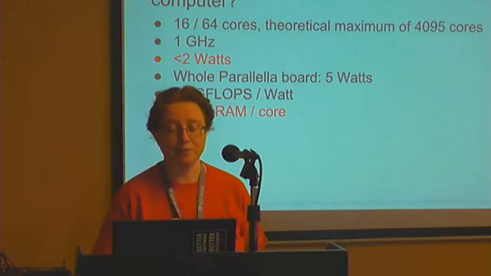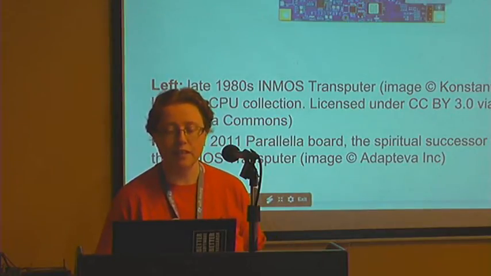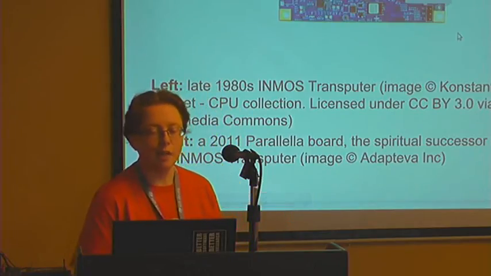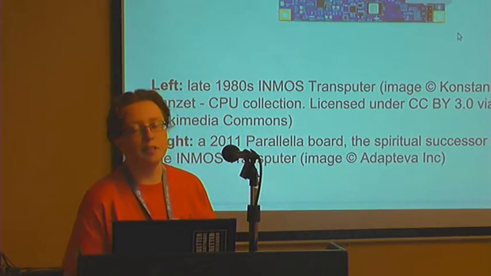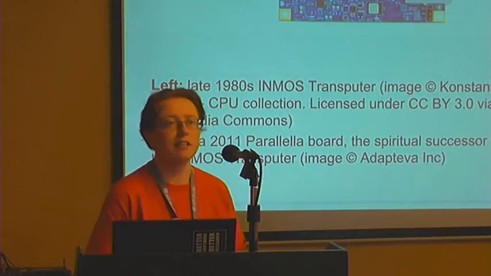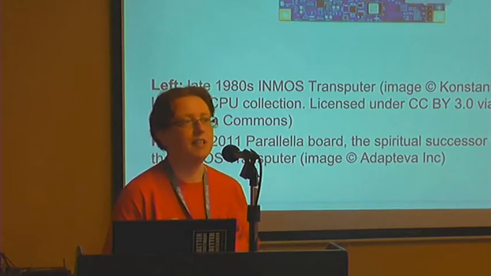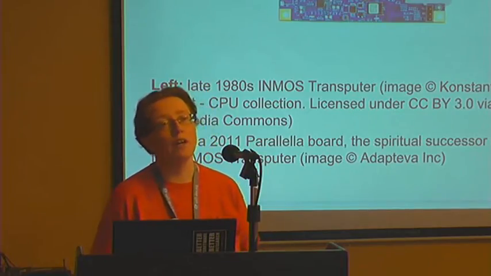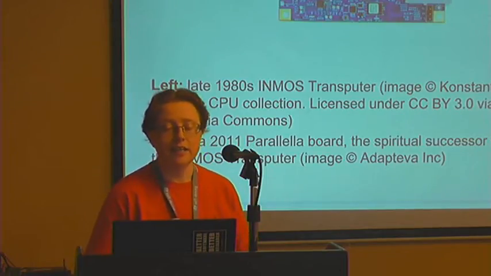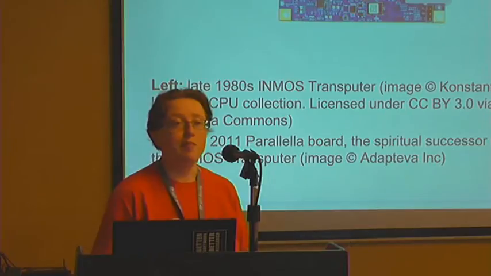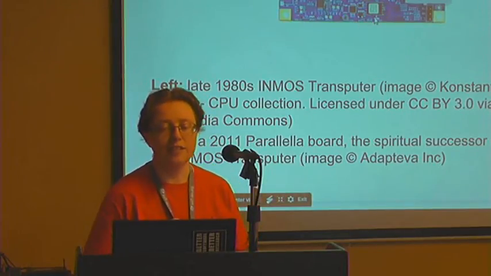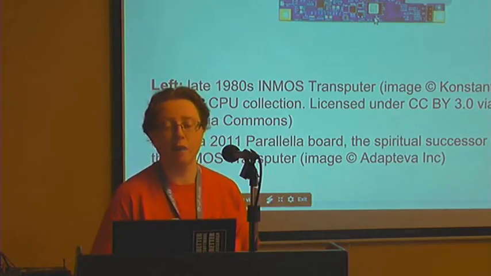But you'll see that this big board that we have the picture of contains all kinds of other stuff apart from the Adapteva. And this is because the Epiphany chip is really intended to be a coprocessor. So although I said it's a CPU, in some ways it's a little more like a GPU, and it's intended to be used more like a GPU. So the idea is that you have another chip, which is a full CPU, and in this case we have an ARM chip on this board, so it's a bit like the Raspberry Pi.